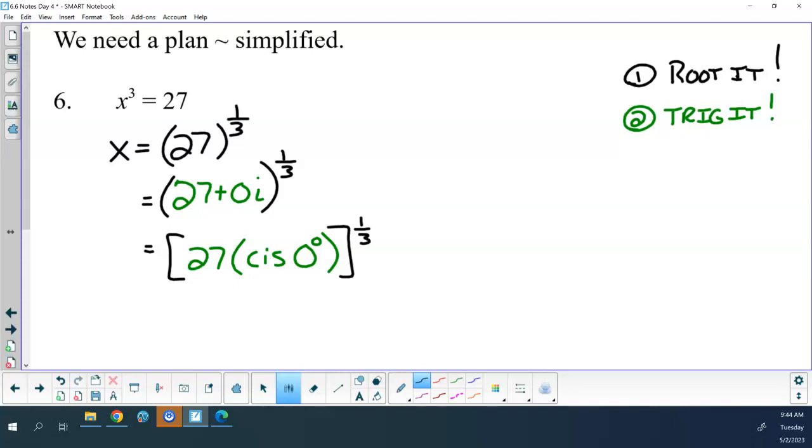Still 27, right? In trig form, my r value would be 27, and my angle would be 0 because I'd be going straight out to the right 27, not up or down. Okay? So we have trigged it now.